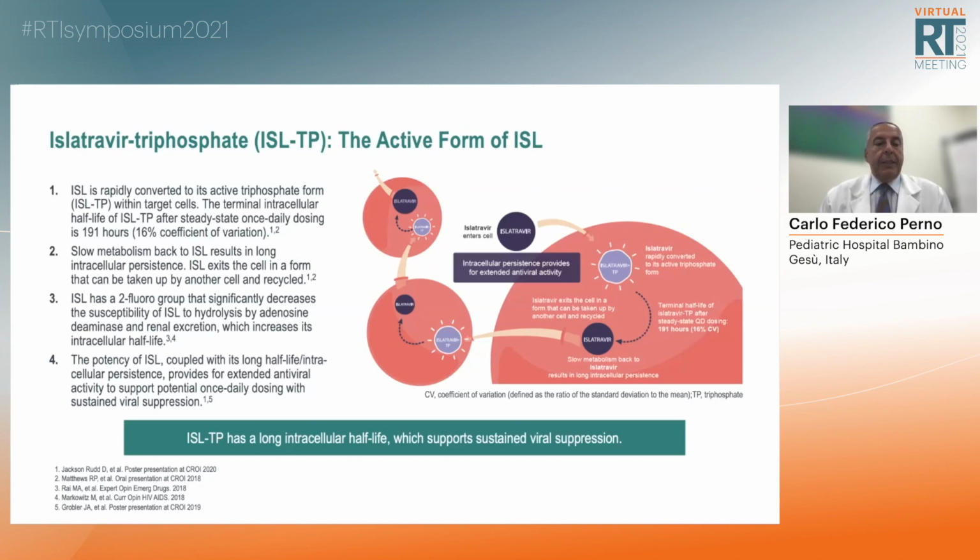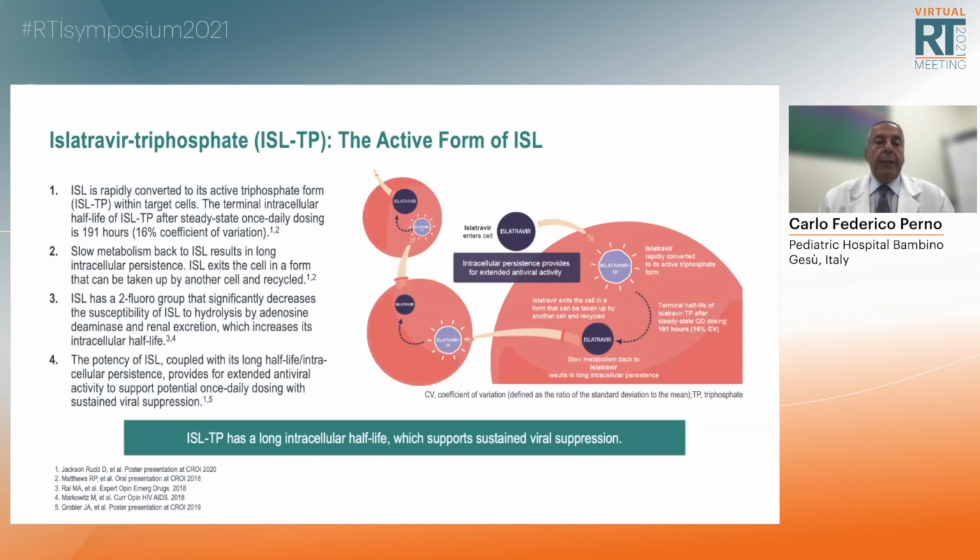This makes this drug suitable not only for the classical daily therapy that is provided to our patients, but also for the long-term therapy that is becoming more and more one of the issues of the new therapeutic approaches to HIV infection.